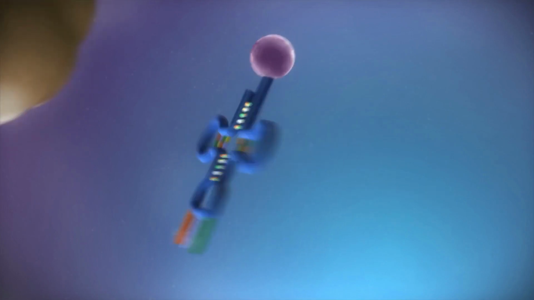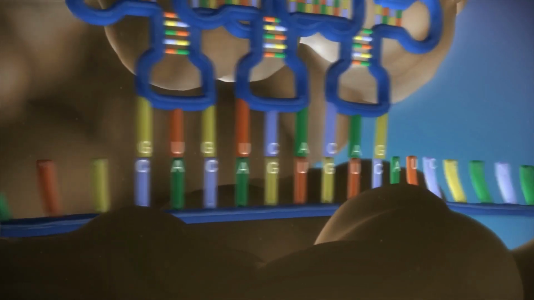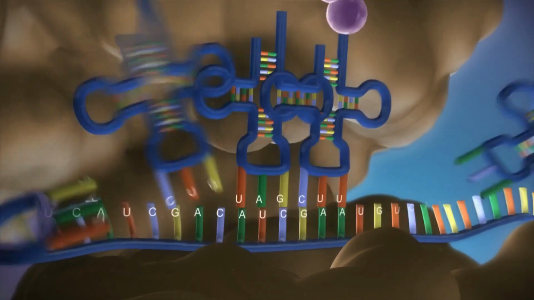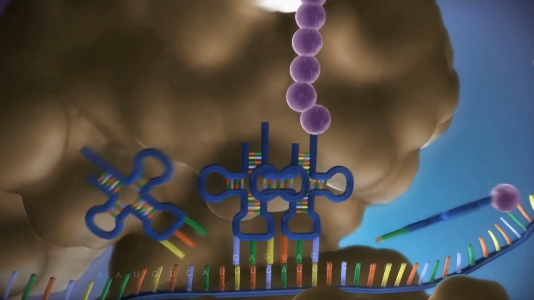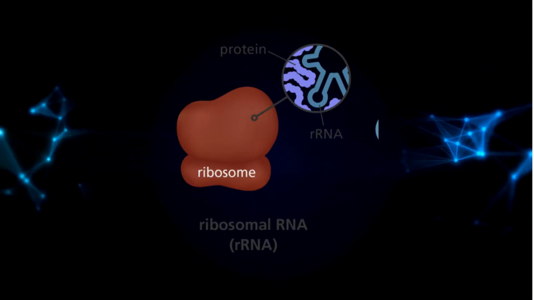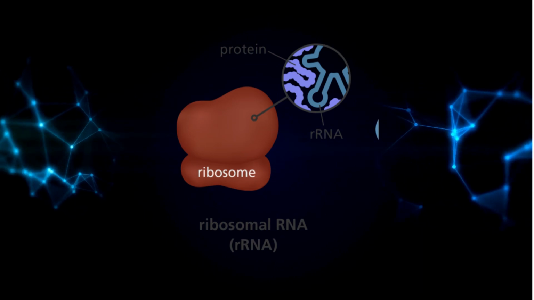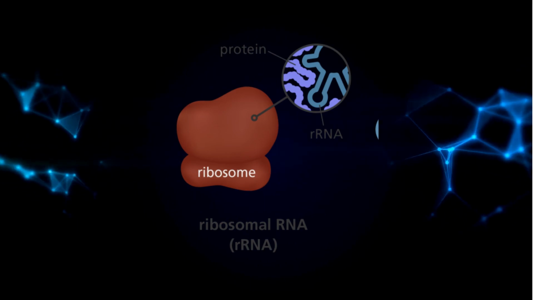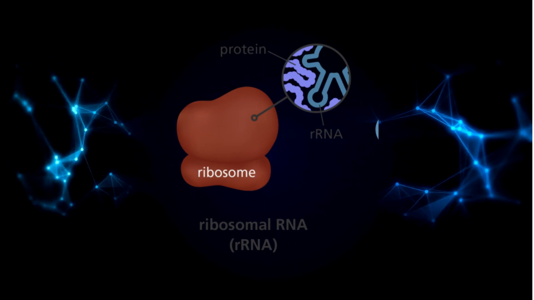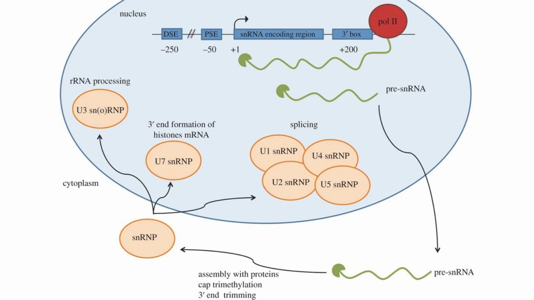It contains a 3-base anticodon complementary to a codon on the mRNA and carries the amino acid corresponding to its anticodon attached to its 3' end. rRNA, ribosomal RNA, forms the core of the ribosome, the organelle responsible for the translation of mRNA to protein. snRNA, small nuclear RNA, is involved in splicing pre-mRNA, as well as other functions.